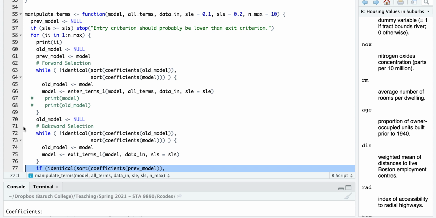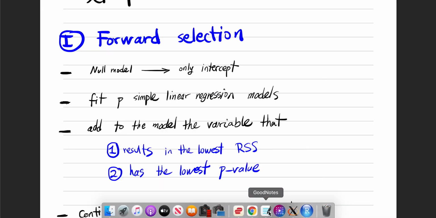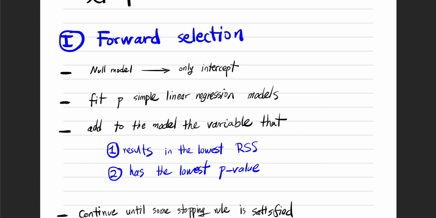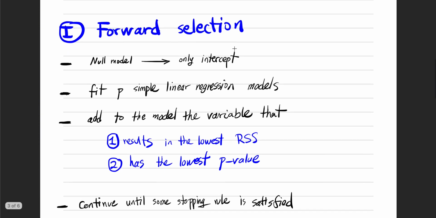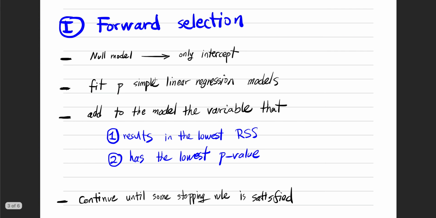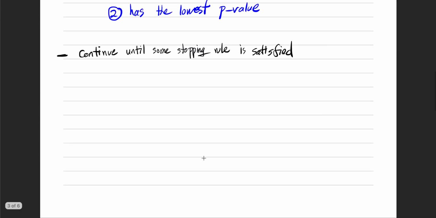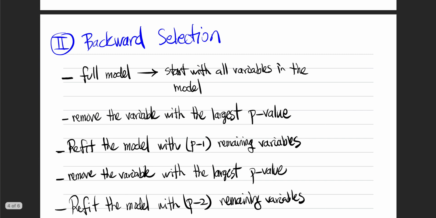Now we can look at the inner workings of each of these. Add to the model the variable that results in the lowest p-value, or remove the variable with the largest p-value.